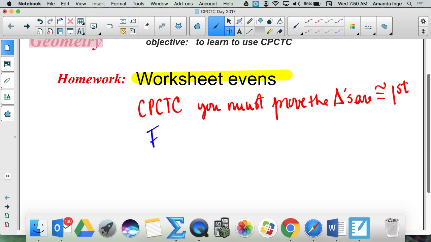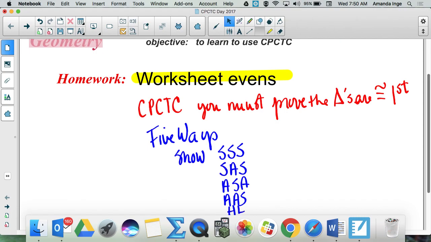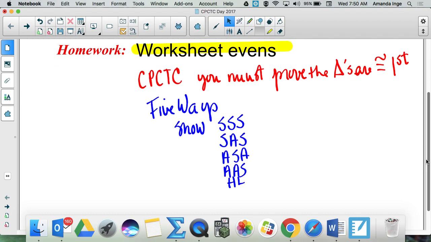We said there were 5 ways to do that. Show side, side, side. Show side, angle, side. Show angle, side, angle. Show angle, angle, side. And show hypotenuse leg. So you have to prove that triangles are congruent first using one of these 5 ways before you can use corresponding parts of congruent triangles are congruent.